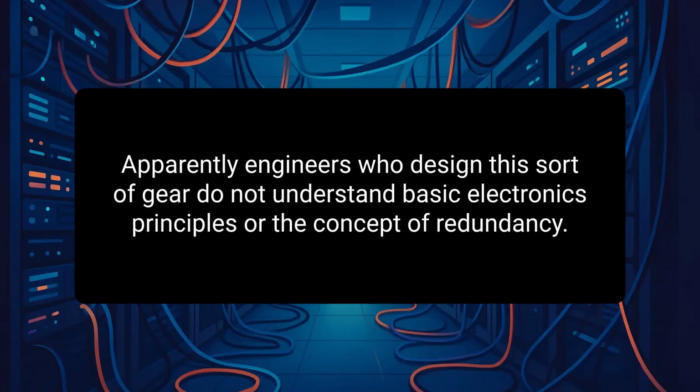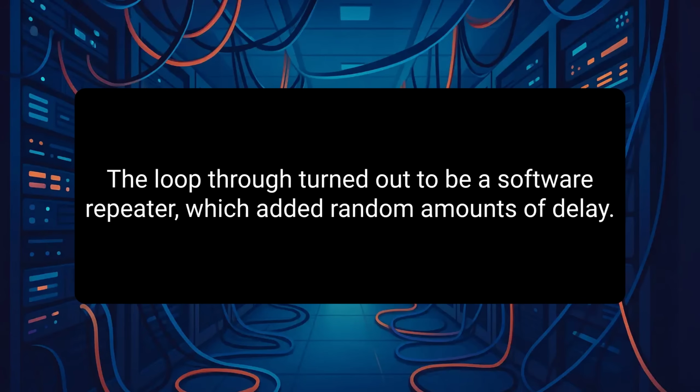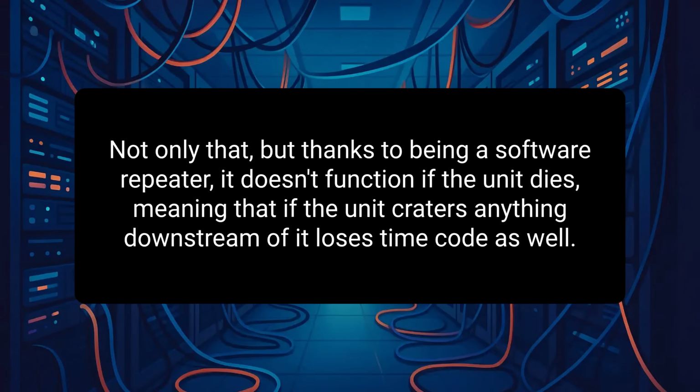Apparently, engineers who design this sort of gear do not understand basic electronics principles or the concept of redundancy. The loop-through turned out to be a software repeater which added random amounts of delay. Not only that, but thanks to being a software repeater, it doesn't function if the unit dies, meaning that if the unit craters, anything downstream of it loses timecode as well.